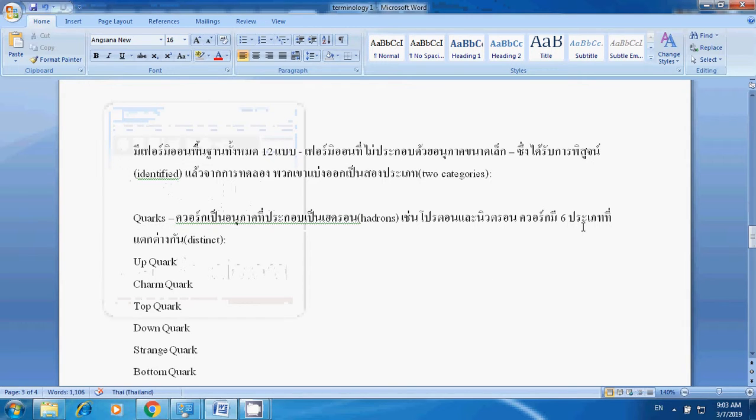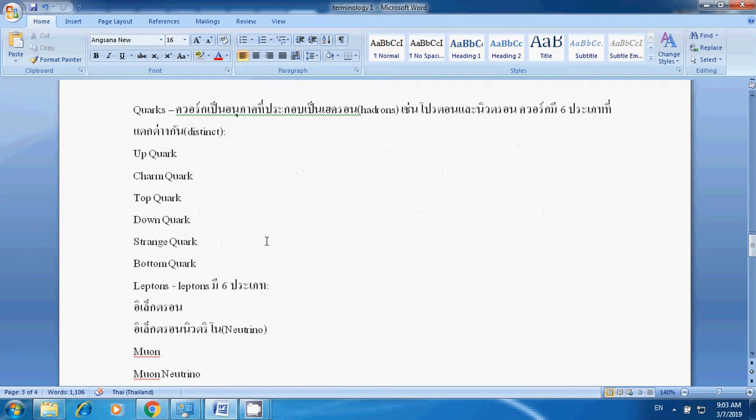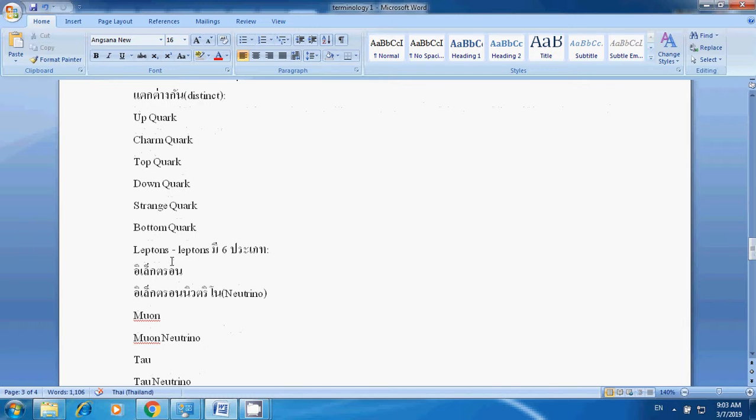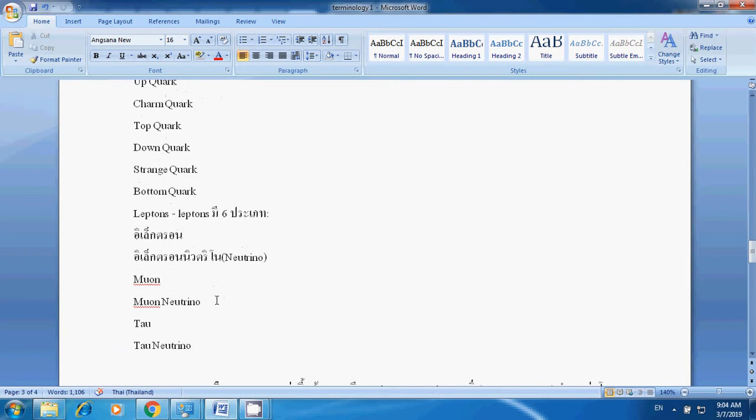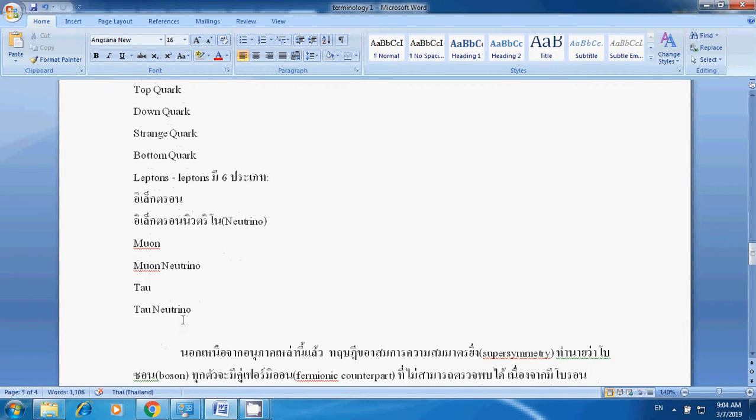There are 6 types of quark, which are the up quark, charm quark, top quark, down quark, strange quark, and bottom quark. Then leptons. There are 6 types of leptons, which are the electron, electron neutrino, muon, muon neutrino, tau, and tau neutrino.